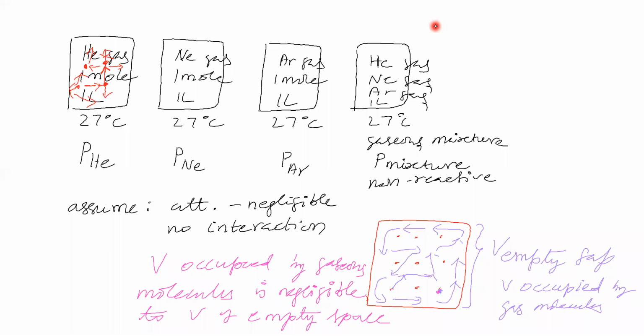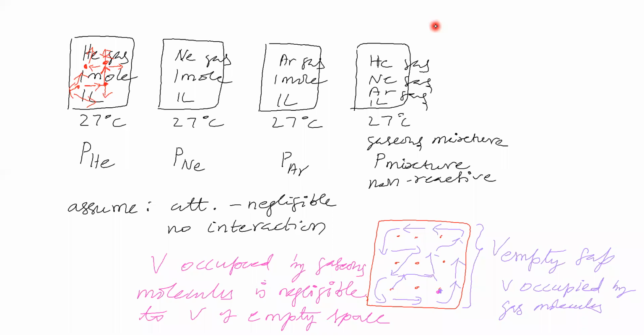Affecting, in what way? That is meant by pulling or pushing. When will pulling or pushing be there? If interaction is there. If there is no interaction, there is no pulling or pushing. One molecule pulling another molecule is due to attraction. If there is no attraction, how will one molecule pull another?